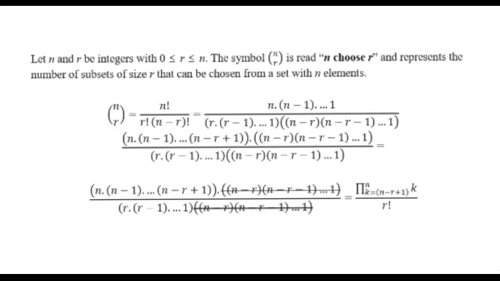After defining factorial, we define another symbol. If n and r are integers and n is greater than or equal to r and both of them are non-negative, then the symbol n choose r represents the number of subsets of size r that can be chosen from a set of size n.